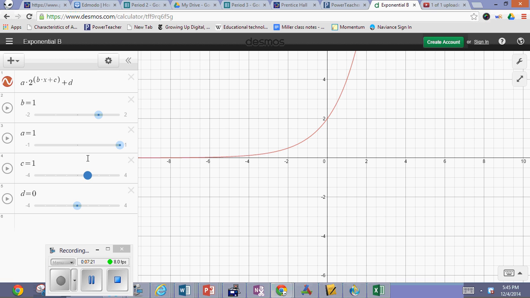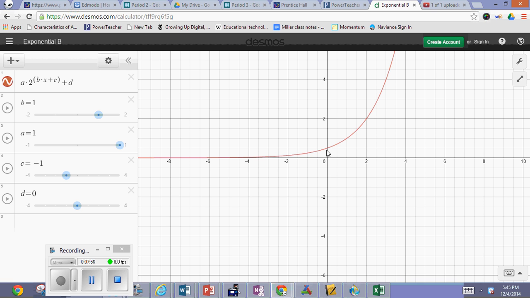If I wanted my graph 2 to the x to slide 1 unit to the right, then I would make my C value -1, okay? And in making my C value -1, I push my graph to the right, which means I'm catching the intercept at a lower value, which can be computed simply by saying when x equals 0, 2 to the -1 is 1/2.